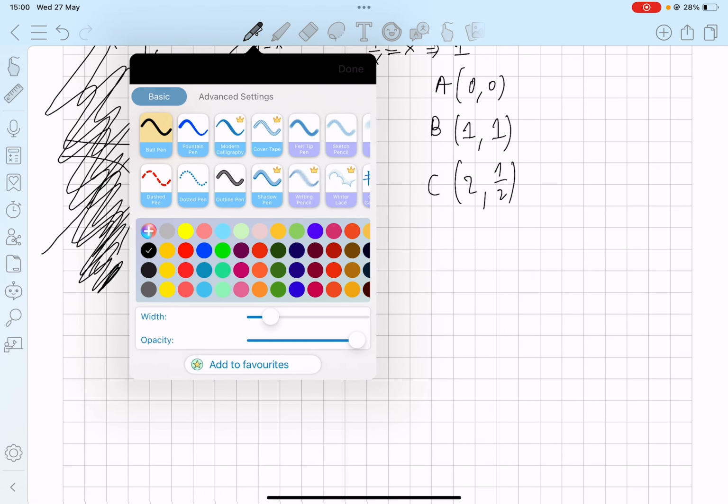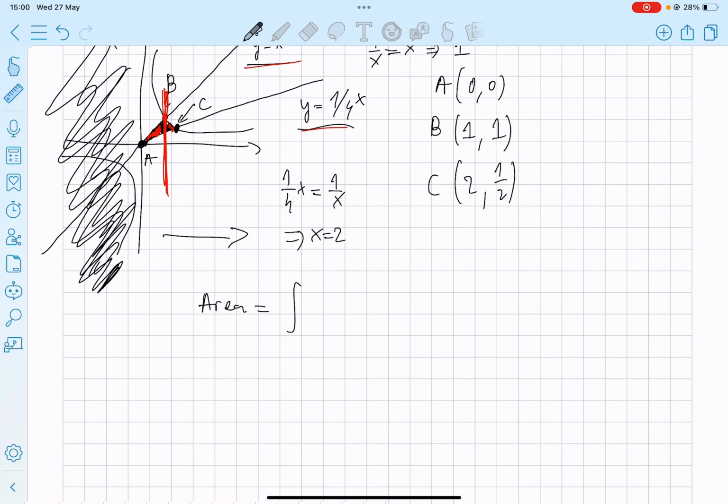So the area will be equal to the integral from 0 to 1, because it's split at 1 right here, of x minus 1/4 x dx, plus the integral from 1 to 2 of 1 over x minus 1/4 x dx, because 1 over x is greater than 1/4 x here.